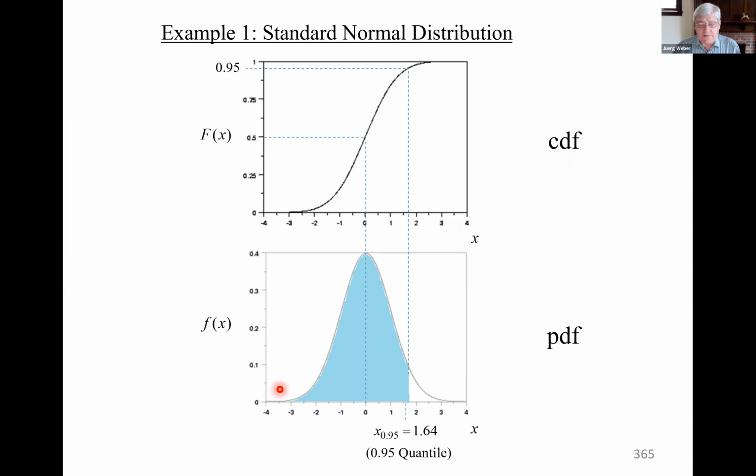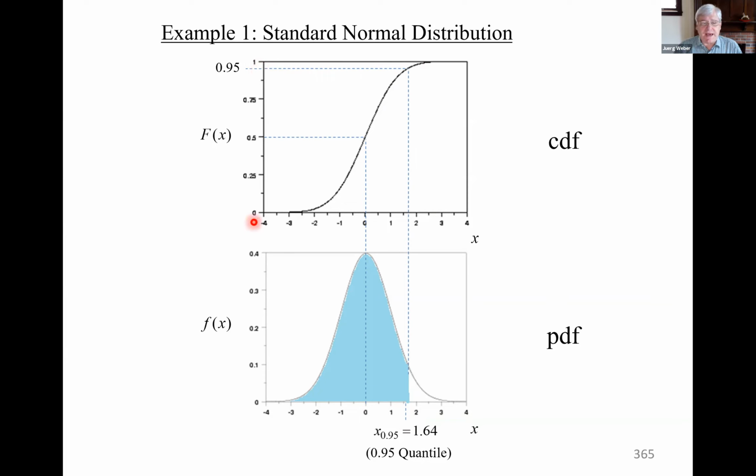If you integrate up to this critical value x here, then you get the probability that the random variable x has a value of less than this critical value. And that's shown up here. The CDF shows you that probability.